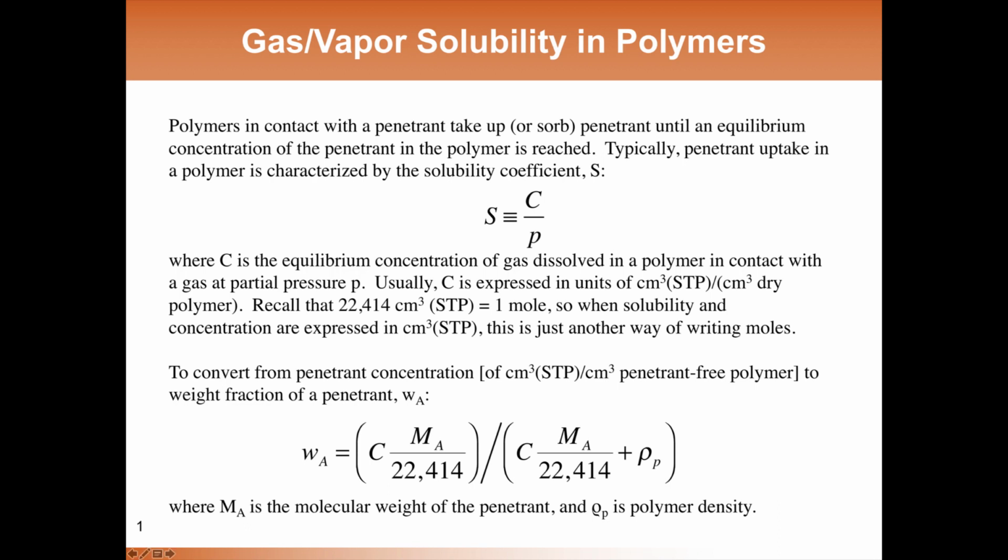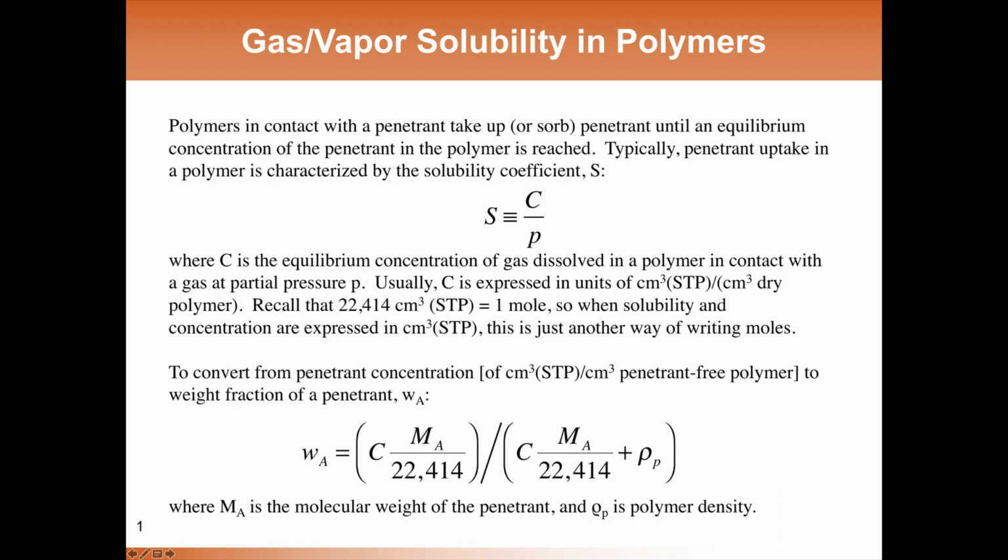And cc's at STP is just another way of writing moles, because 22,414 cc's at STP of any gas or vapor is 1 mole. So you can view the concentration here as moles of gas per unit volume of the penetrant-free polymer.